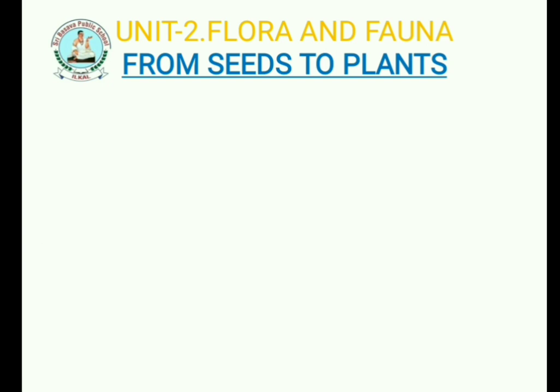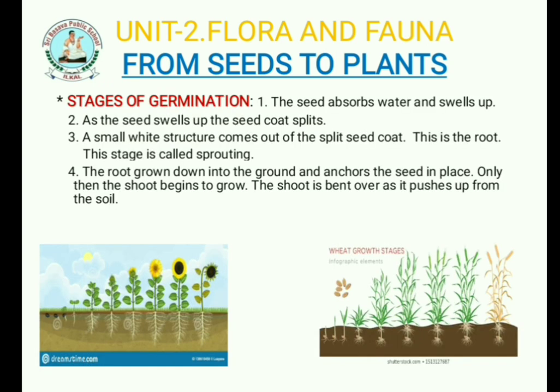Next, observe here, sunflower is there, wheat is there. These are the two types of germination stages. First the seed swells up with water, and next the seed coat splits, and next a white structure comes out from the seed, that is called sprouting, and next the roots grow down into the ground.